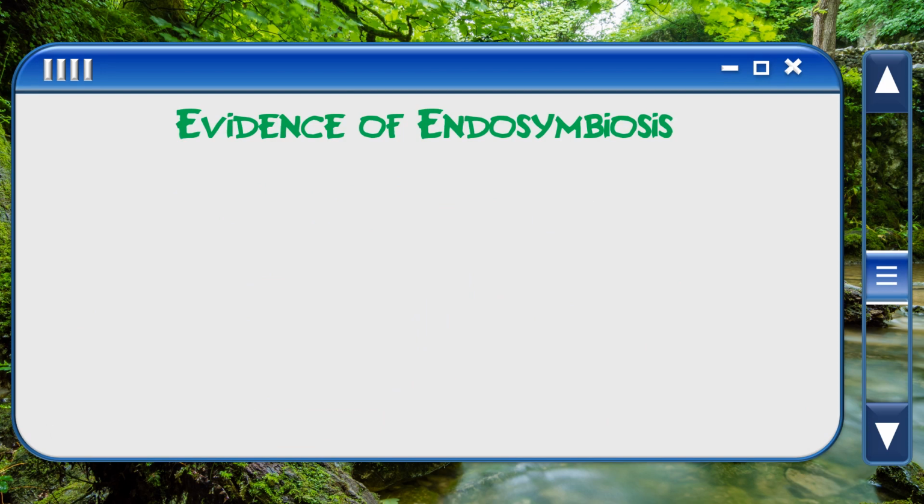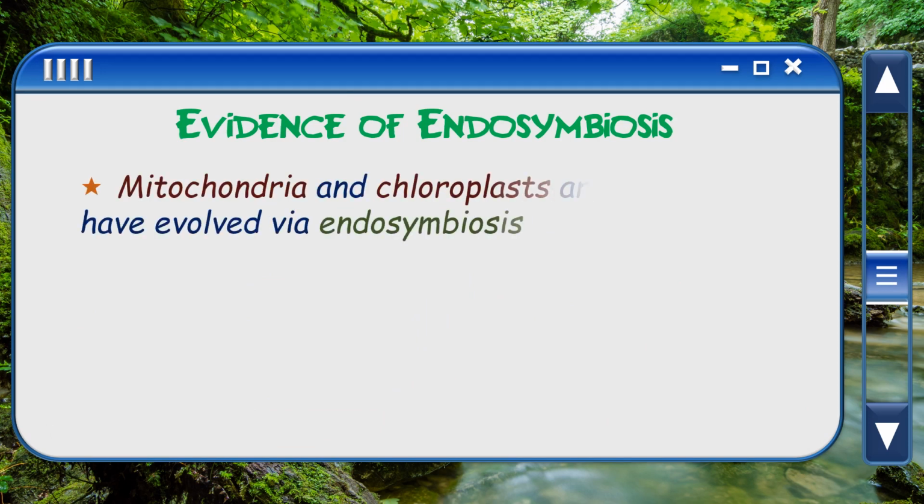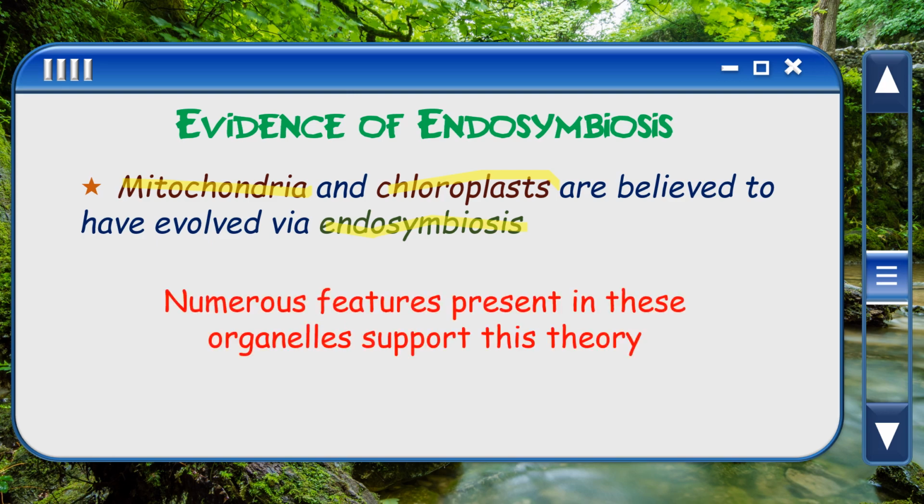There is evidence of endosymbiosis. One, they say that the mitochondria and the chloroplasts are believed to have evolved by endosymbiosis, because this can be proved by numerous features present in these organelles that support the theory.